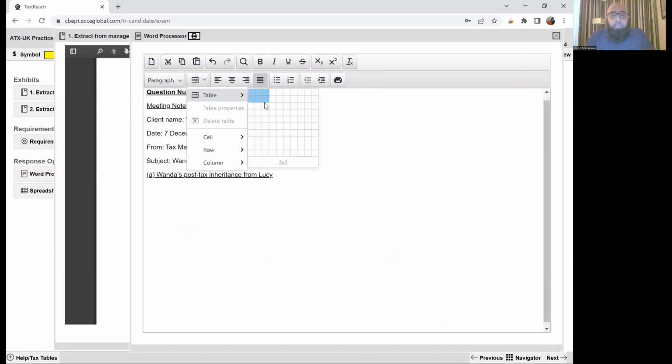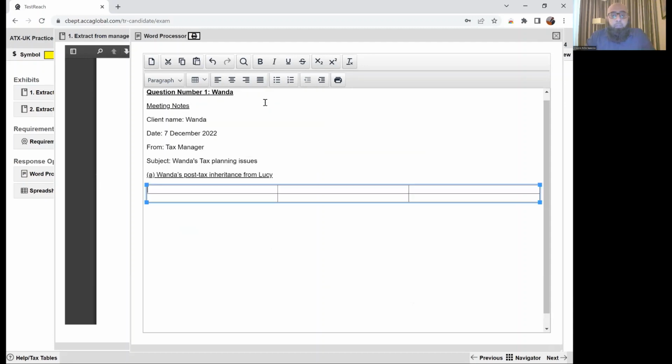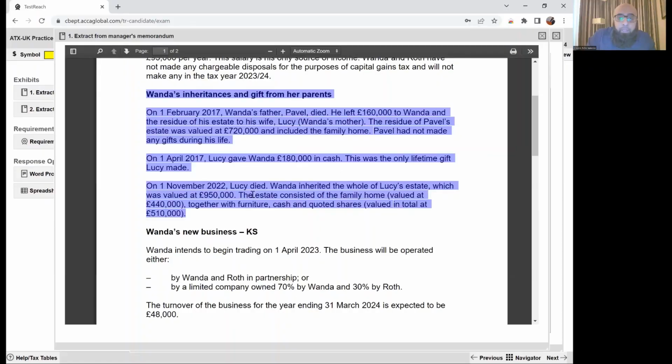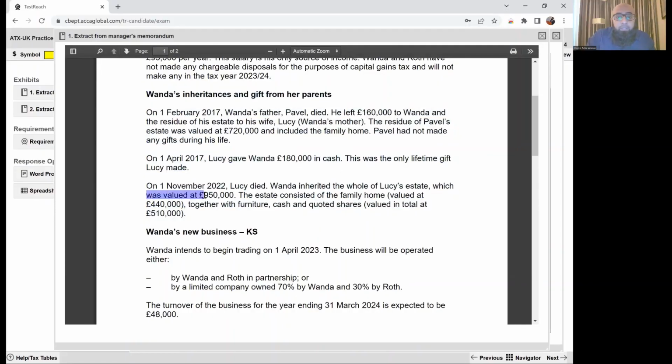So what I will make is a simple format: inheritance received by Venda from Lucy. What is the amount? It's Lucy's estate, which was valued at 950,000.